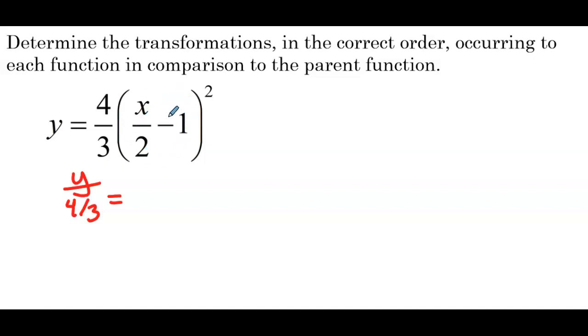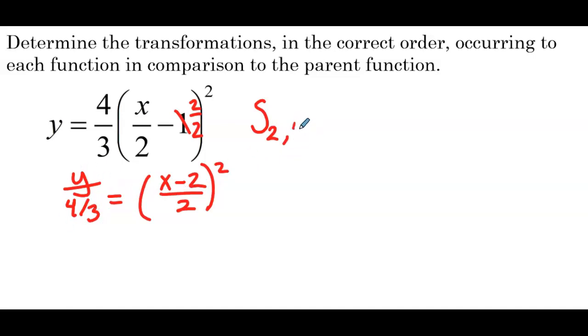And we don't have that right now. So what we can do is think of this as 2 over 2 with a common denominator. We can rewrite this as (x minus 2) over 2, squared. And if we do that, the scale factor, so x is being divided by 2 in the function, so we're multiplying by 2. Y is being divided by 4/3, so multiply by 4/3.